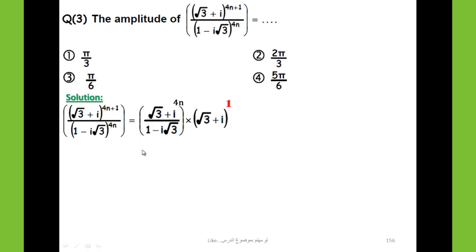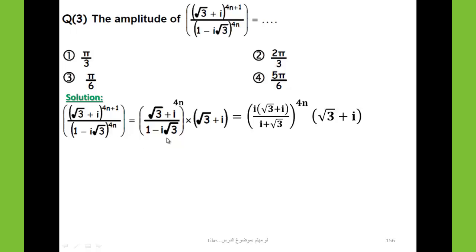Now we want to simplify this fraction, multiplying up and down by i. Multiplying 1 by i, we get i, multiply negative i root 3 by i, we get negative i square, and i square equals negative 1.